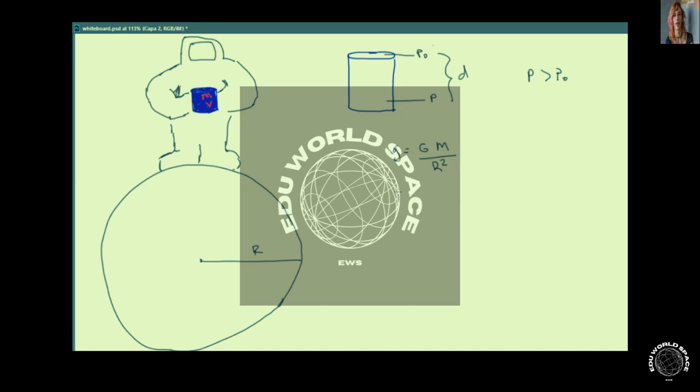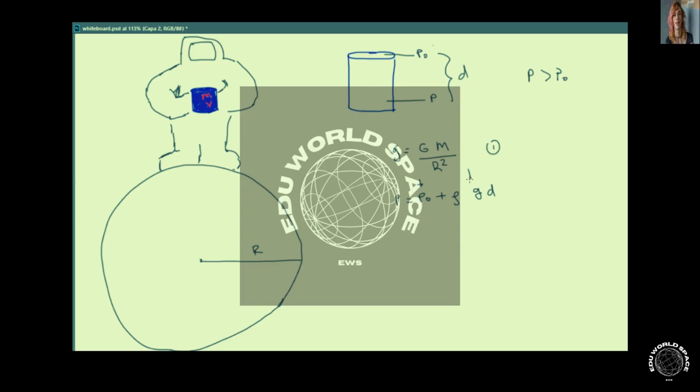We also know that the pressure in a fluid of uniform density is the initial pressure plus the density times g times D. This is like the initial pressure, the pressure the atmosphere exerts on the liquid.